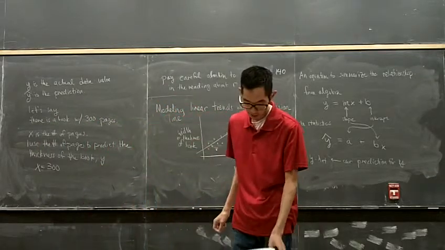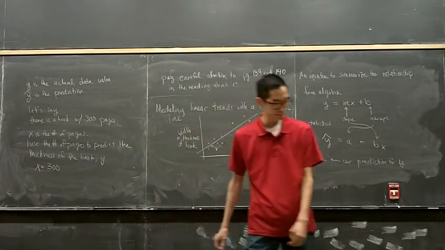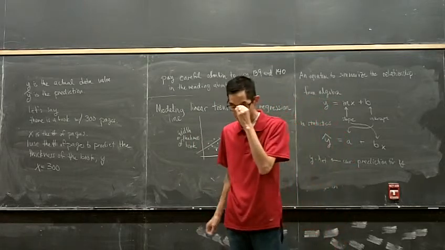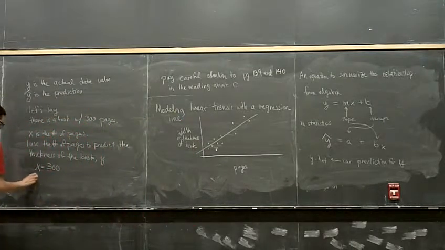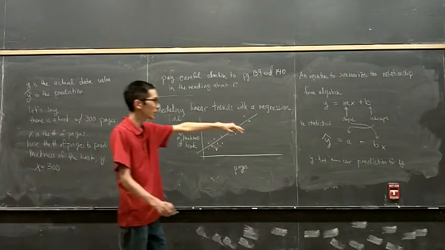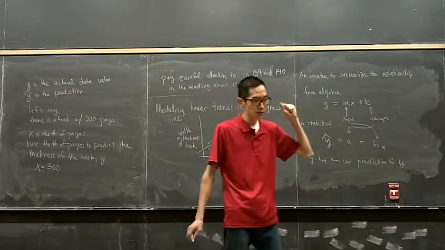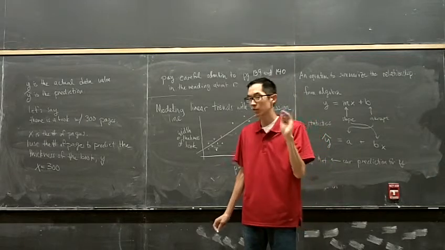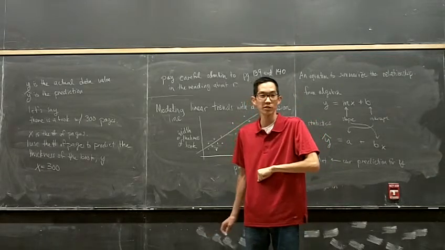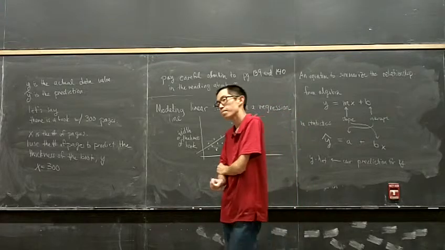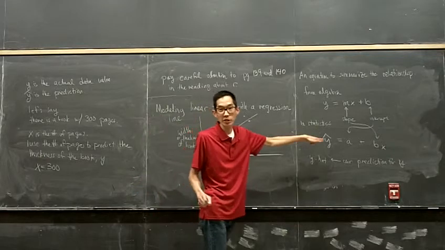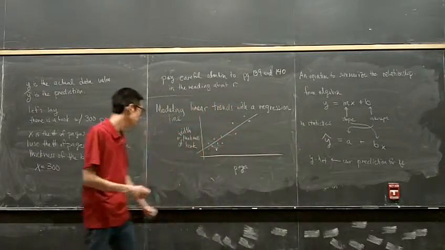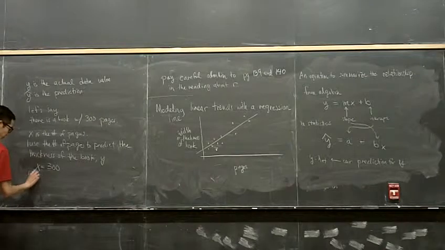So let's say I plug this into some equation, and the y that it spits out. So let's say I have an equation and I plug it in, and let's say the value it spits out is 0.63. Okay, 0.63 inches. Is that my y or is that my y hat? Y hat. That's my y hat, because I put it into the equation, and the equation gives me y hat.